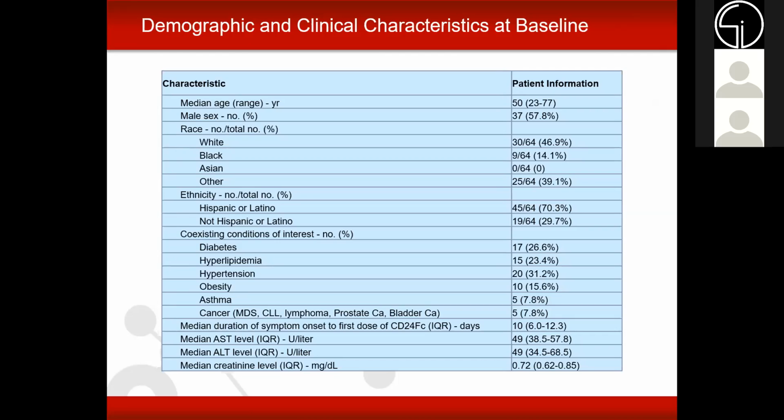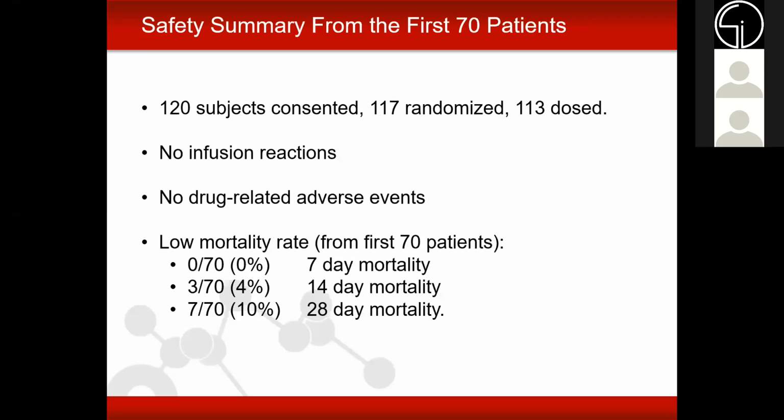Quite interesting, we also have cancer patients, quite a lot of them with COVID-19. The median duration from symptom onset to the first dose of CD24FC treatment is 10 days. Right now we have 120 subjects consented, 117 randomized, and 113 dosed.